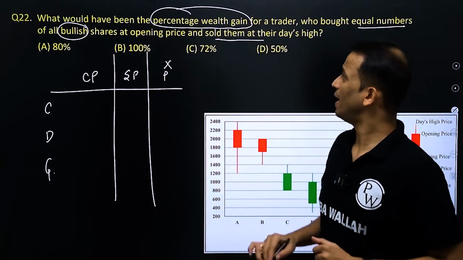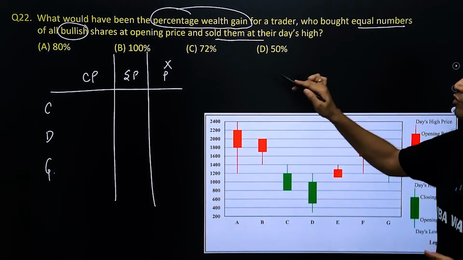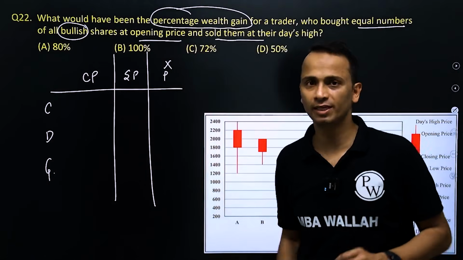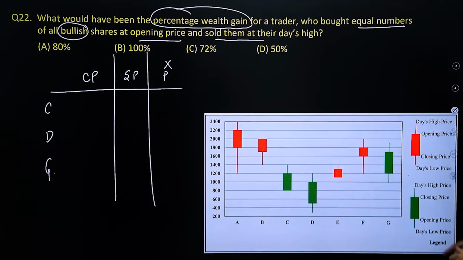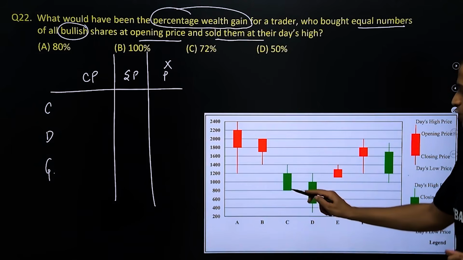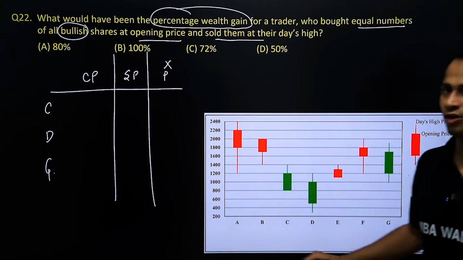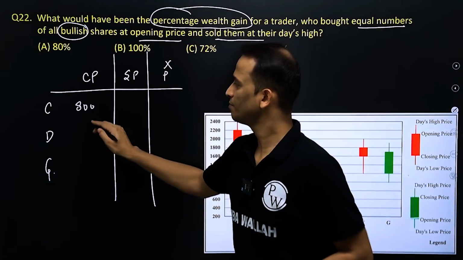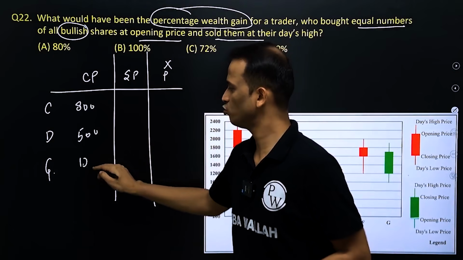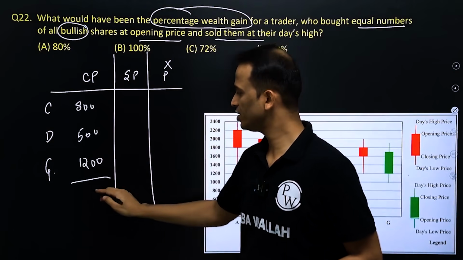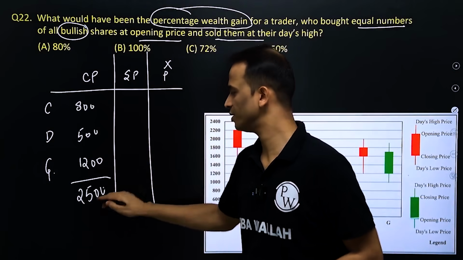Now, at what price they are buying? So who bought equal number of all bullish shares at their opening price? So green color opening price. Green color opening price is the bottom of the rectangle. So this one is 800, this one is 500, this one is 1200. So 800, 500, 1200, total money invested is 2500.